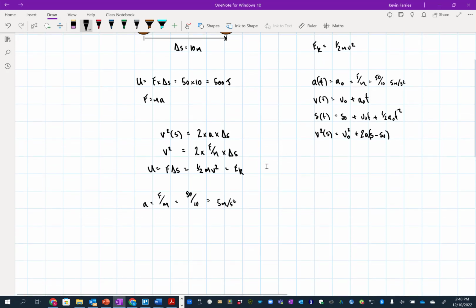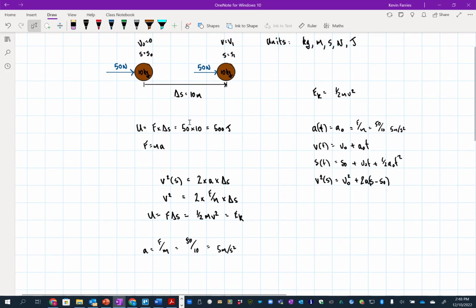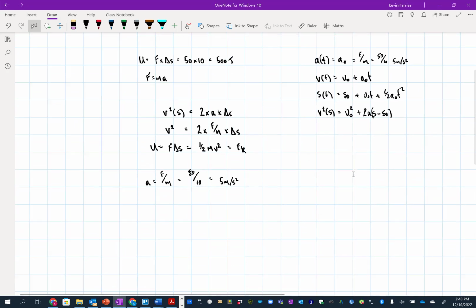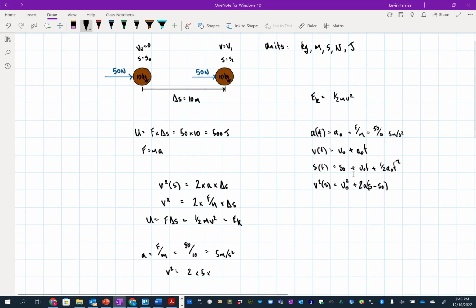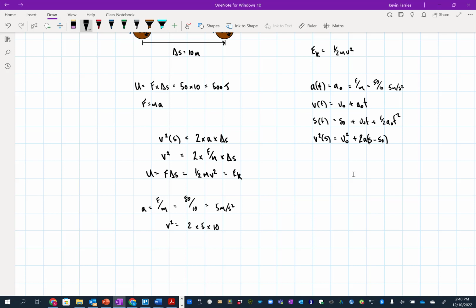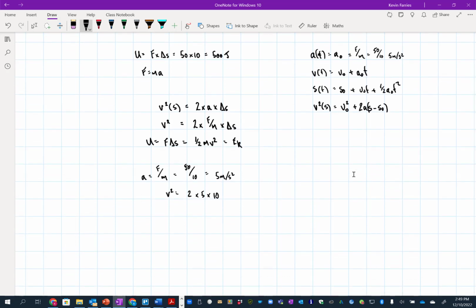So that's all good. Then we've got this equation to figure out the velocity at a given distance when you've got constant acceleration, coming from equation 4. We know that v squared is equal to 2 times the acceleration times the change in distance. So it's 2 times 5 times 10 meters, figuring out what the velocity of this object would be after 10 meters.